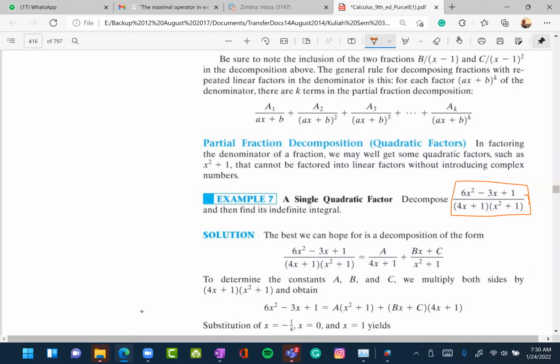So this is what we call non-factorizable, so you just put it there. What you put at the top: because this is linear, it's just a. Because this is a square, you put linear there, so just bx plus c.